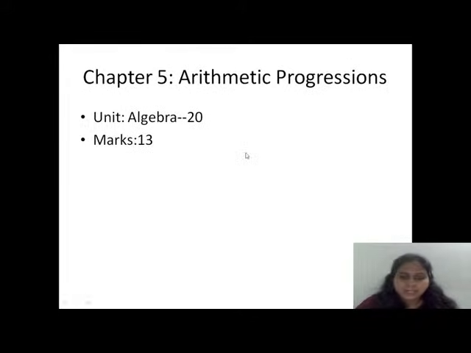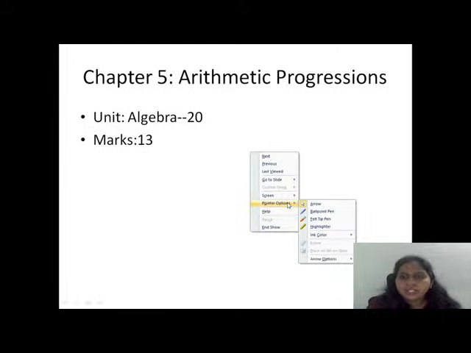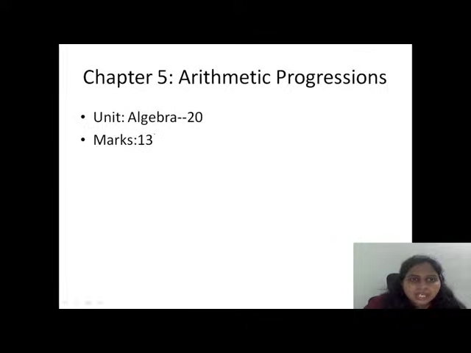Okay, so arithmetic progressions, we call it AP. So we are expecting this year that, here the reason I have kept 13 is that now we have case-based study questions also, right? So this 13 marks might be, if we are distributing as 5 marks, a question might come from AP. Okay, it's like we don't know. Sometimes in this algebra, it has polynomials, it has linear equations, it has quadratic, and it has AP.